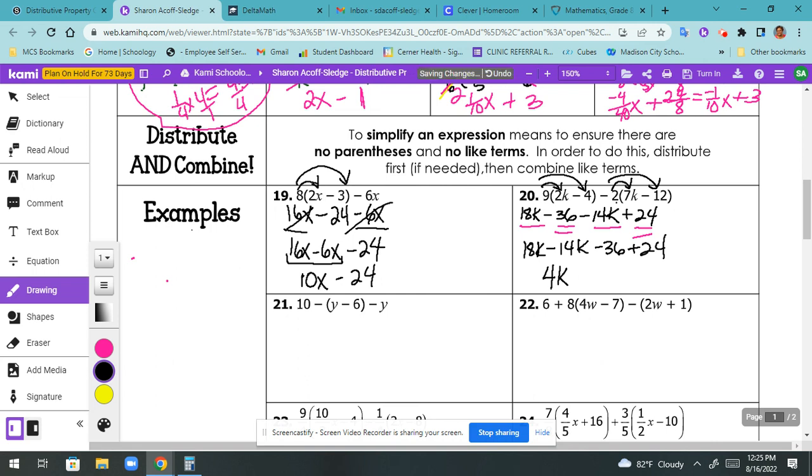Now minus 36 plus 24. So do we add or subtract? We subtract. And it's going to be negative because the 36 is bigger. Negative 12. Okay.